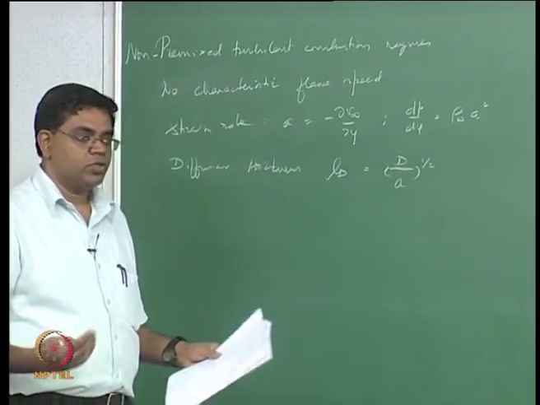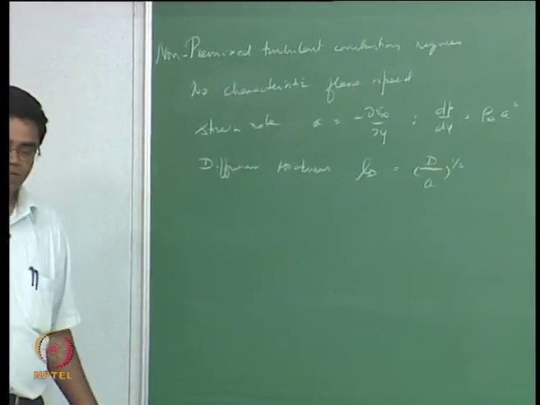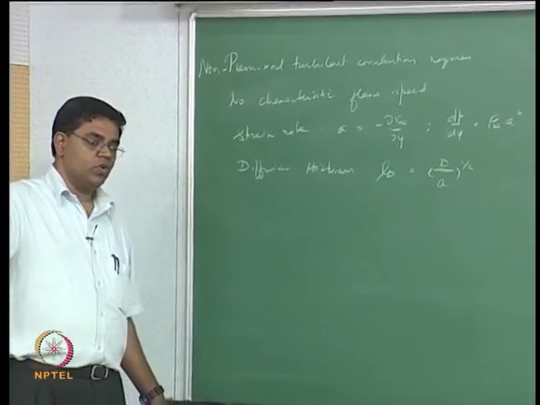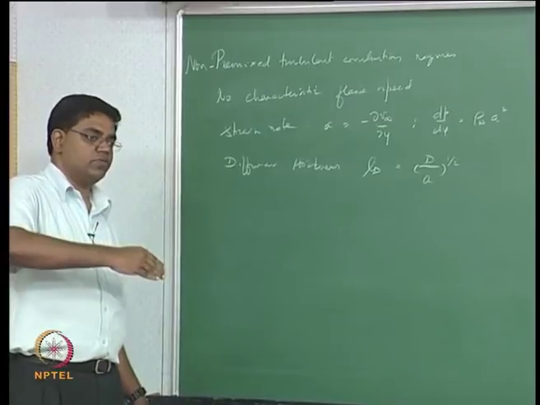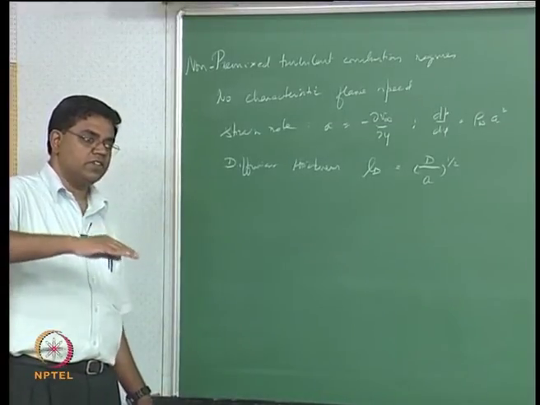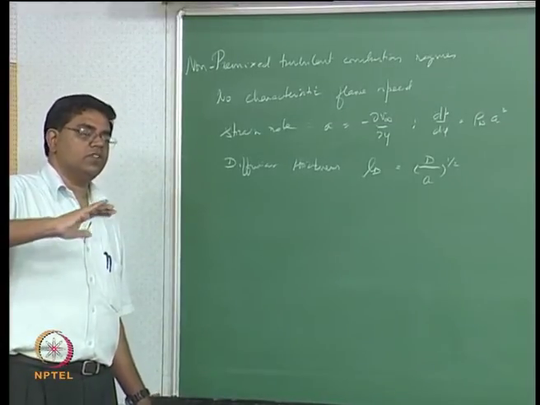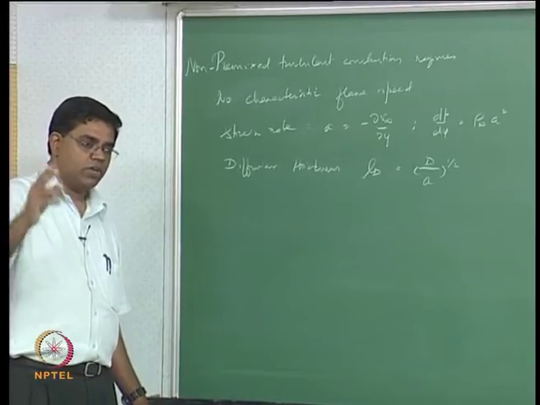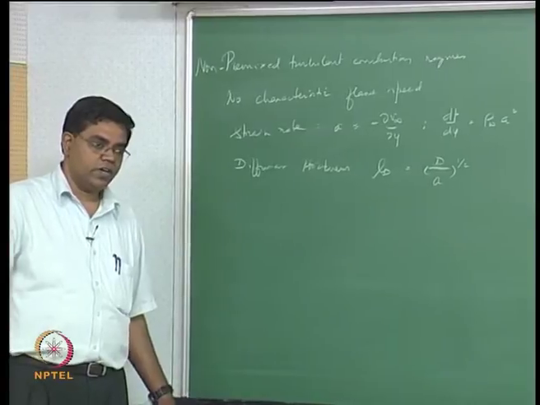So when you have diffusion flames, it's one thing to actually get the flame shape in physical space, but if you want to actually look at the flame structure, you are better off looking at the mixture fraction space, because in the mixture fraction space all the concentrations and temperatures are related to the mixture fraction, and if you now supply the local mixture fraction you can find out how these things vary, right.